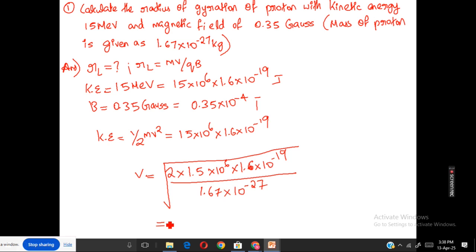It will give you 2.87 into 10 raised to 14. Now if you find the square root of 2.87 into 10 raised to 14.